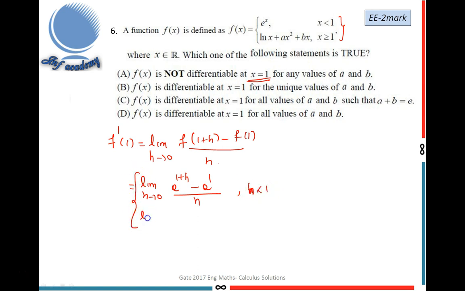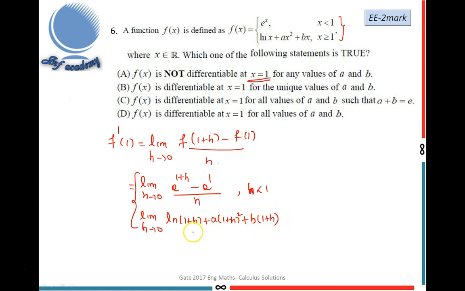Next case, limit h tends to 0 with x greater than 1. I substitute this function, log x plus a x square plus b x. So f of 1 plus h means put x as 1 plus h: log of 1 plus h plus a into 1 plus h whole square plus b into 1 plus h, minus f of 1.